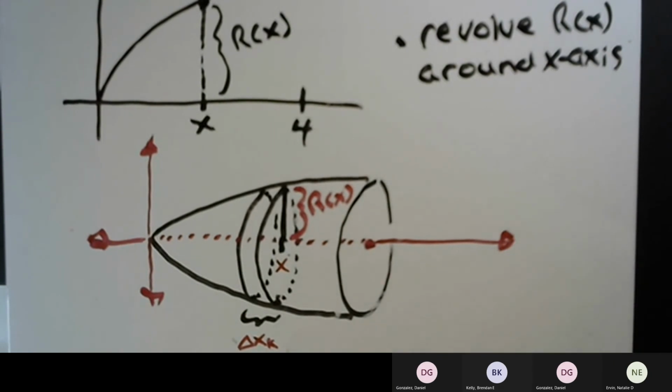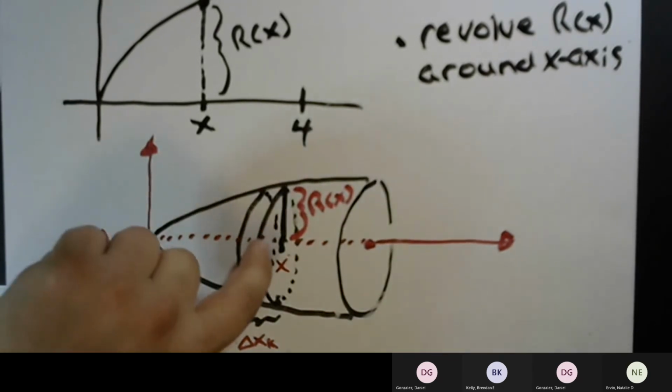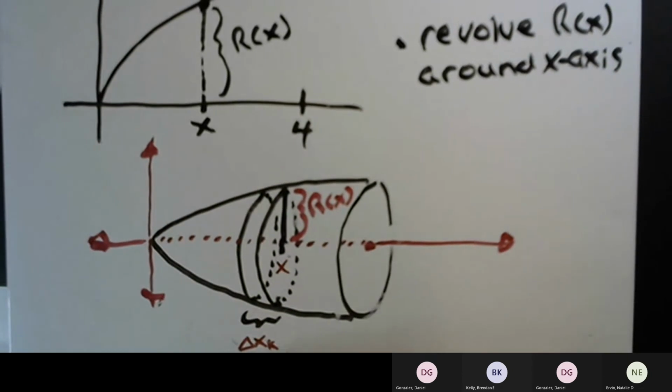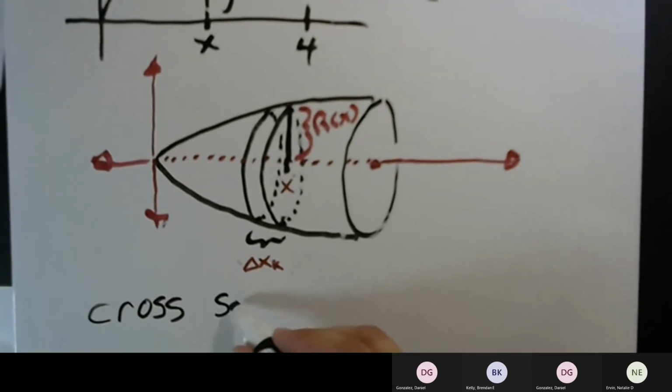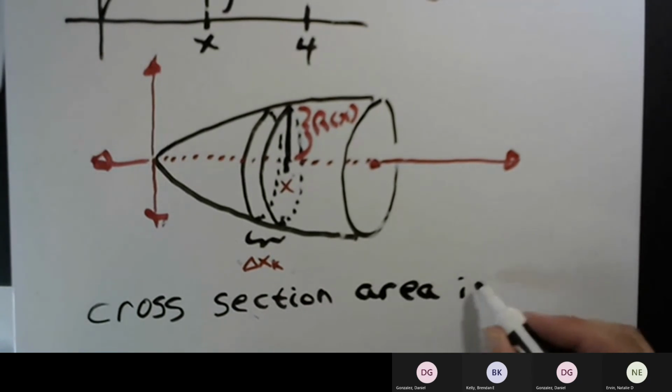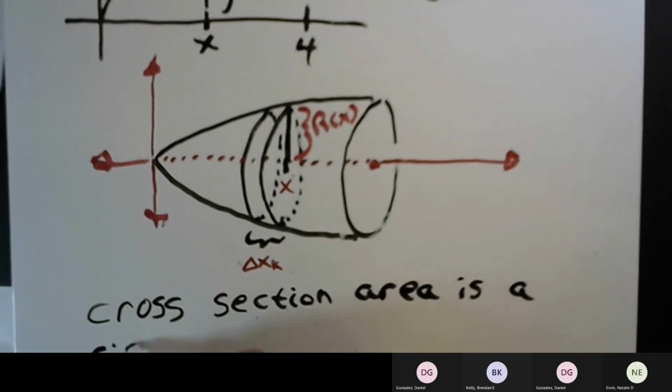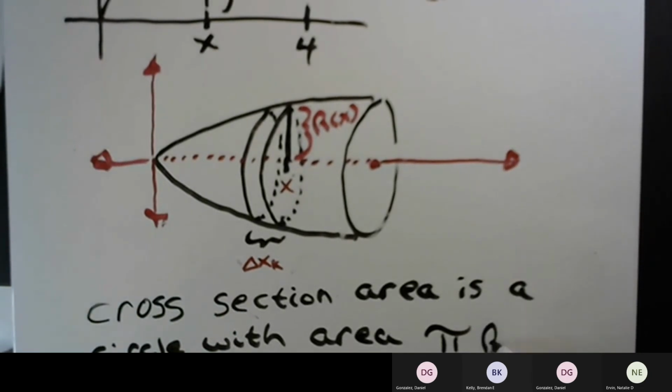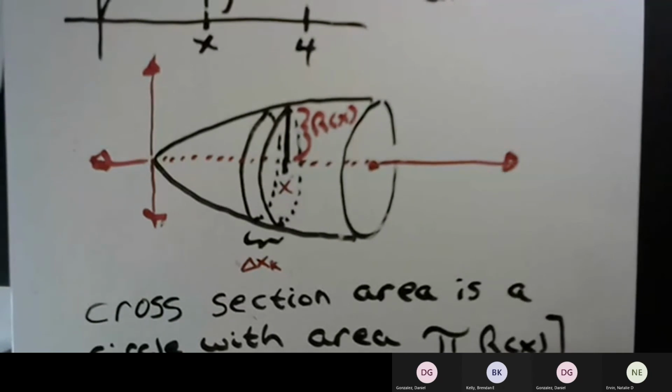So we're going to do the exact same thing that we did with the volume with the cross section, because now the cross-sectional area is a circle with area pi R of x_k squared.